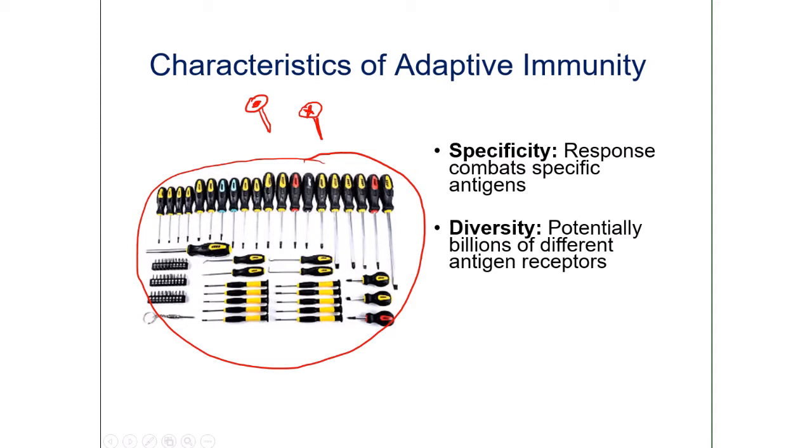Each time your adaptive immunity is going to create a tailored response for one type of pathogen, and that will only work for that specific infection. But collectively, your adaptive immunity can create many billions and billions of different types of response that would be useful for potentially billions and billions of different types of pathogens.